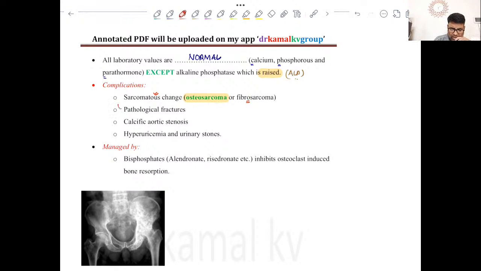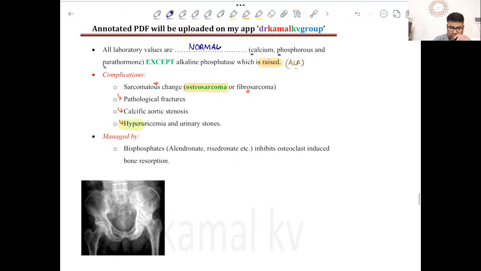Since the bony architecture is distorted, it can lead to pathological fractures or calcification with aortic stenosis and raised uric acid levels with urinary stones. So this is uric acid stones actually.